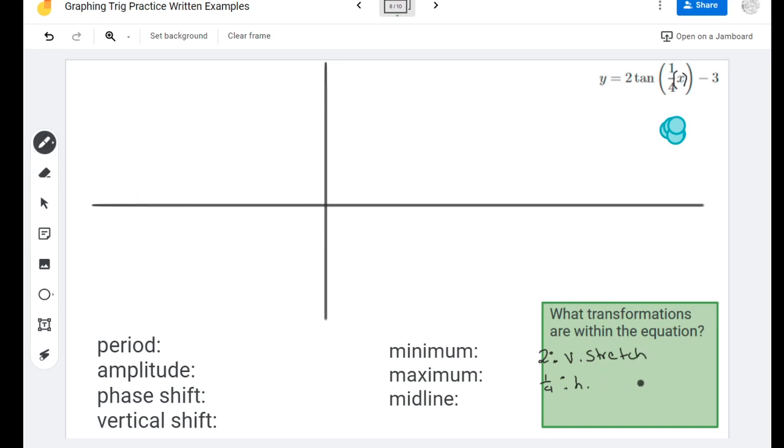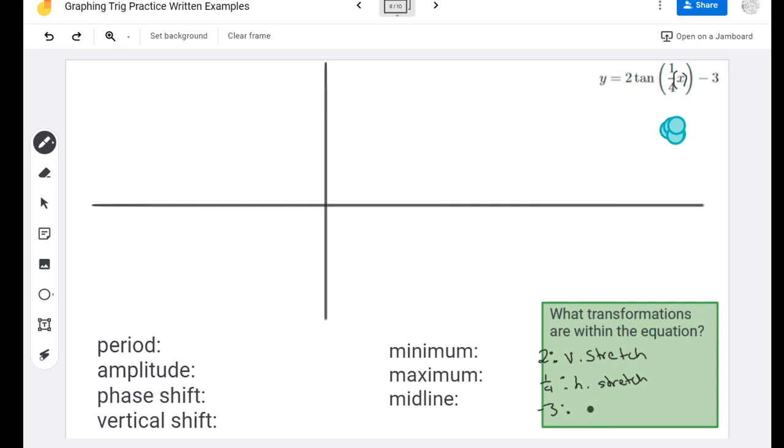Sometimes I forget too. This is saying it'll take 4 times as long on the x-axis to make the tangent shape, so just be aware of that. And then the -3 is a slide down by 3, or vertical shift.